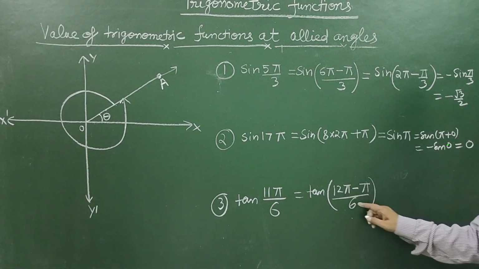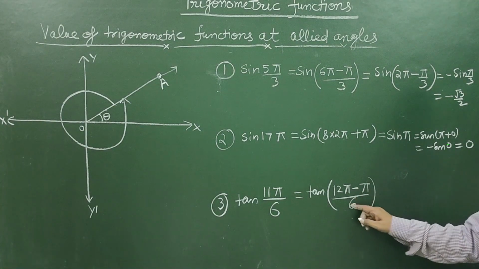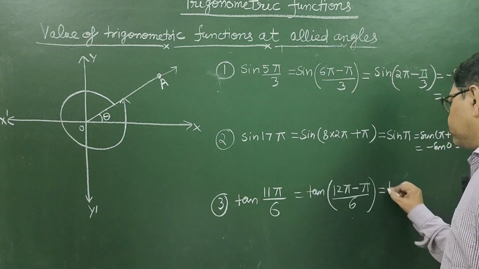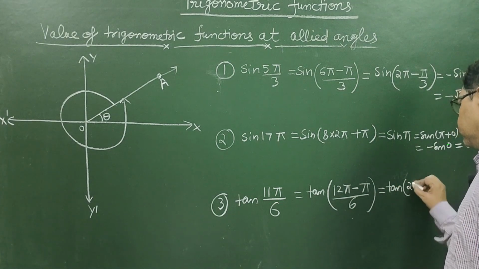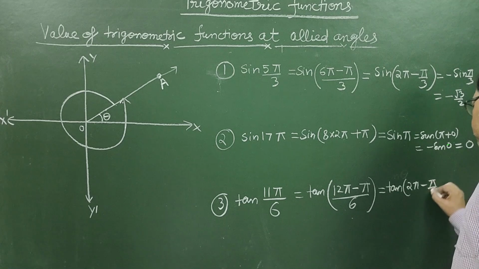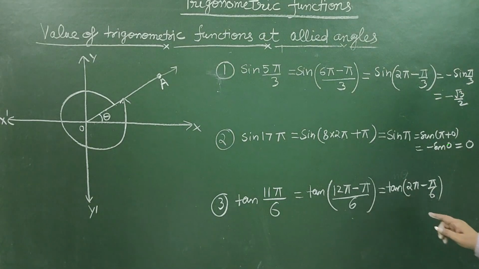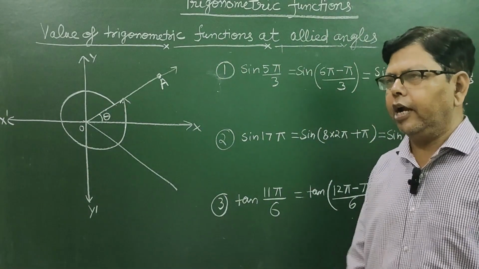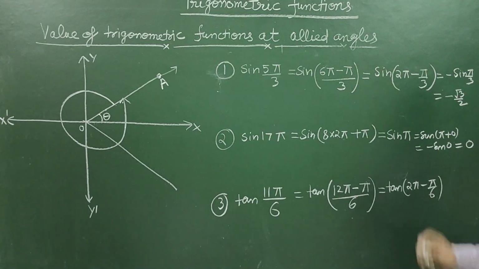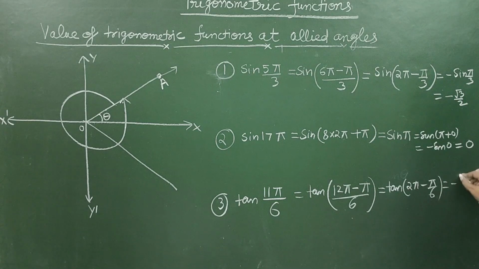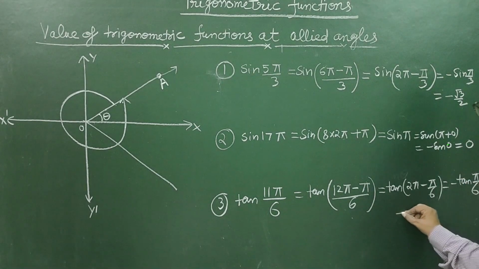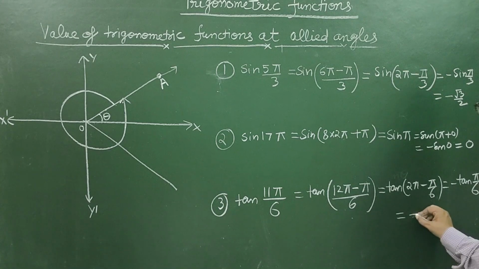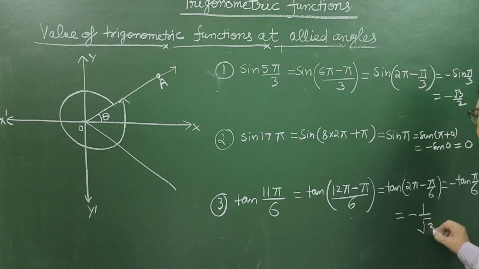Now if I separately divide, then 12 pi by 6 is 2 pi, so 2 pi minus pi upon 6. Now 2 pi minus some angle means you are in the fourth quadrant, and in the fourth quadrant tan is negative. So this is equal to minus tan pi upon 6. Pi upon 6 means 30 degrees.